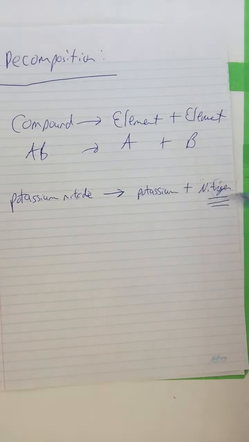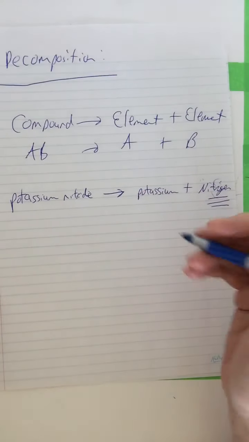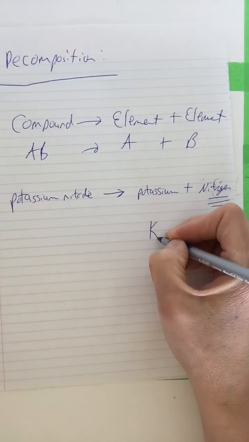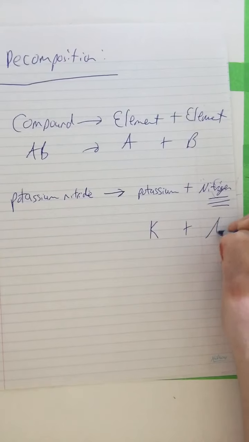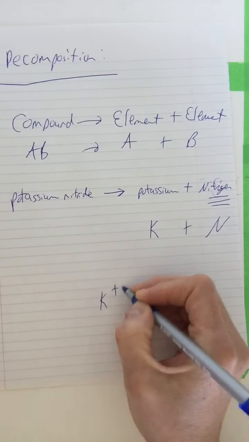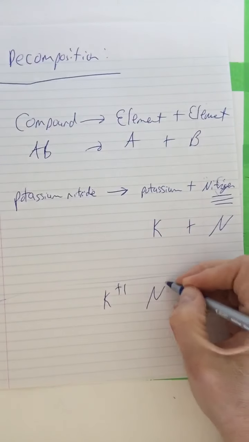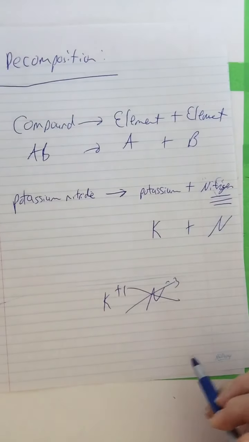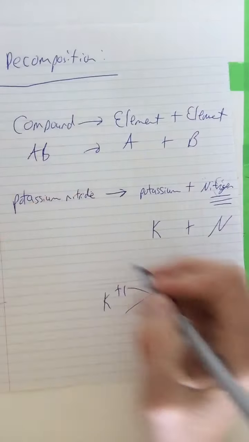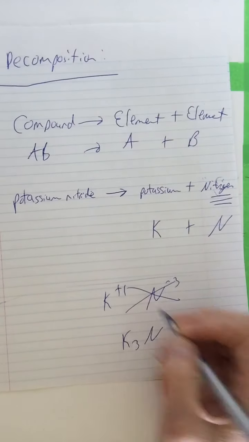So what does it look like in the chemical formula? What's potassium? Potassium's K. Nitrogen is N. Well, this is a little scrap work down here. Potassiums are +1s. Nitrides, look at back here, they're -3s. So what does potassium nitride look like? K3N.